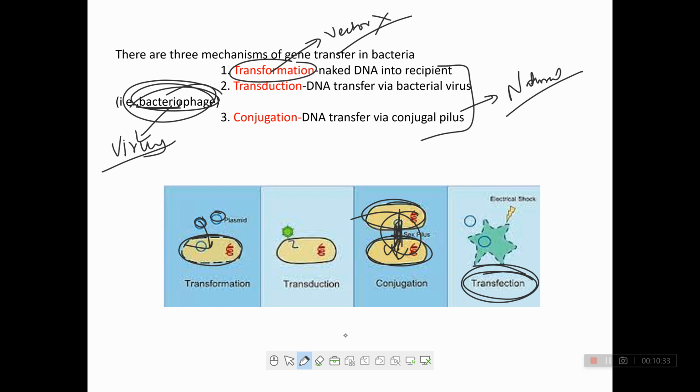But transfection is an artificial process. In transfection, we introduce the genetic material inside the cell via electrical or another mechanism.